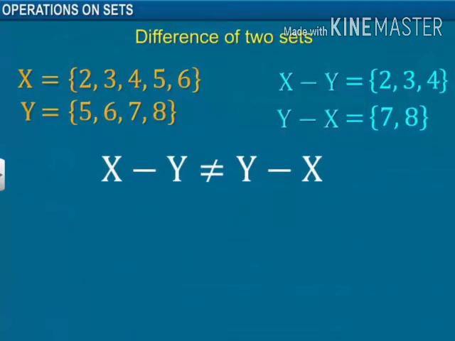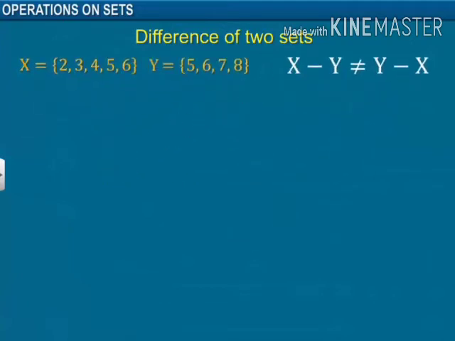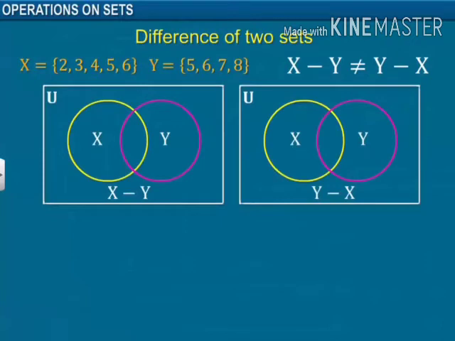Set X minus Y is represented through a Venn diagram as shown. Observe the shaded portion. Only the region of set X, which is not shared by set Y, is shaded. Similarly, the Venn diagram for Y minus X is shown here.